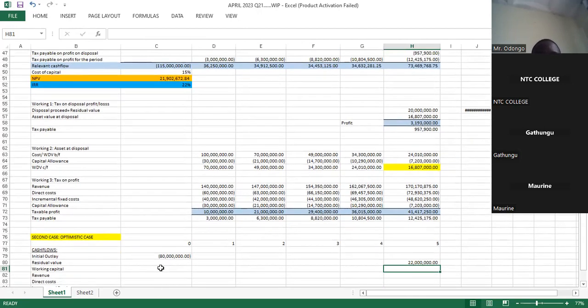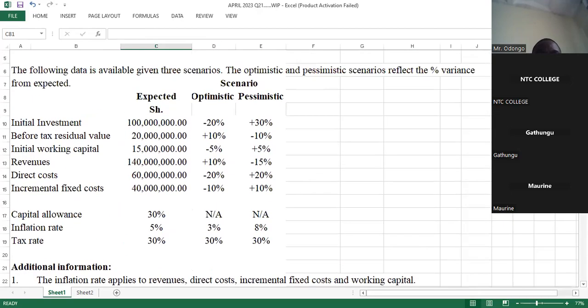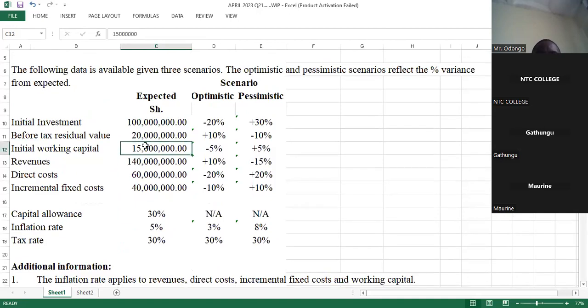The next one is working capital. Now for the working capital, again, we were told that we have the initial. And under the expected, the initial, we have 15 million. Under the optimistic case, the change should be minus 5%.